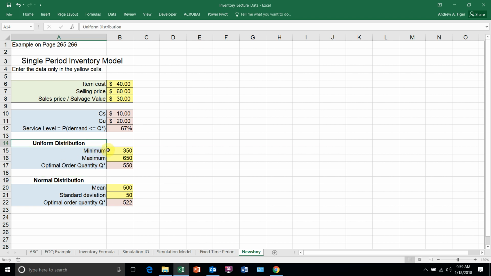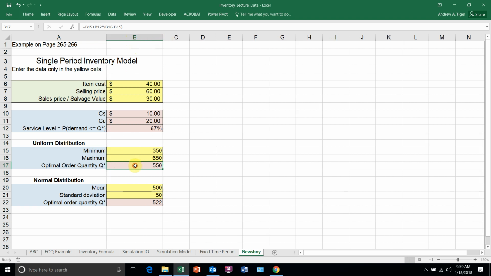Everything is equally likely between these two numbers. So in that case, how you determine the optimal order quantity is you start here, and then you add the service level multiplied by the difference of these two. It's your minimum plus your service level times the difference of these two.